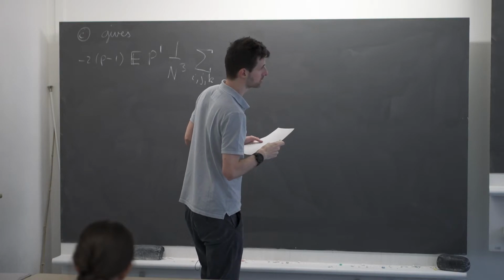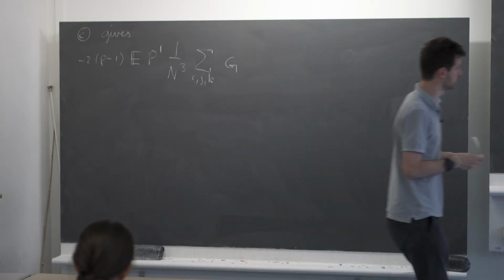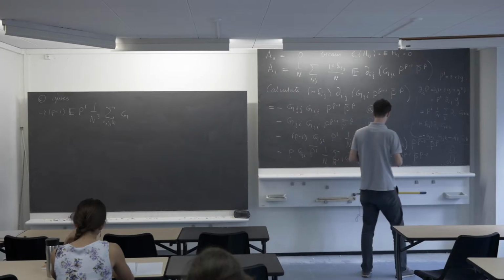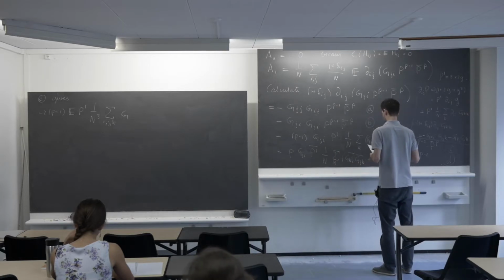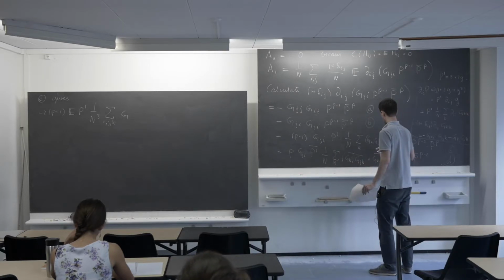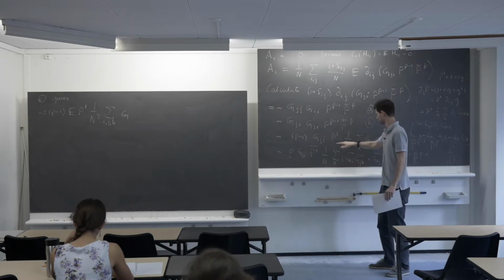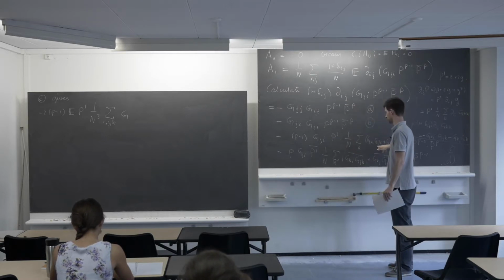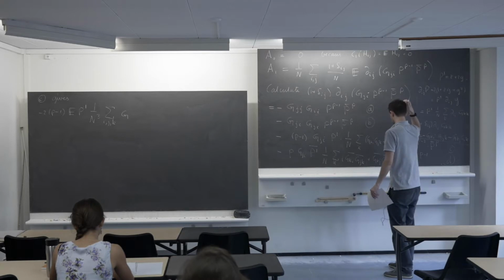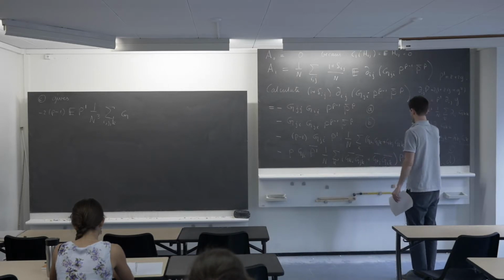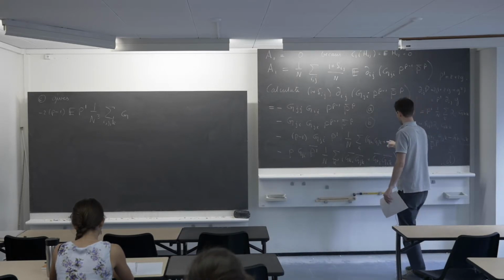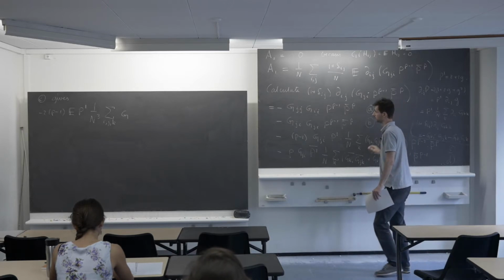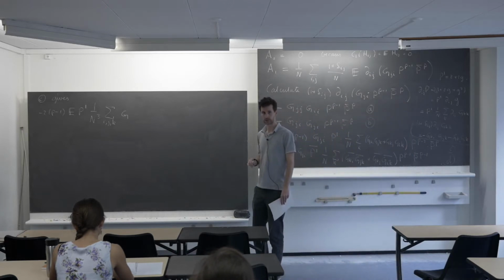Let me reorder these terms. So I have G_ji, and then I have G, well, I will use the fact that my matrix, if you recall, is symmetric.